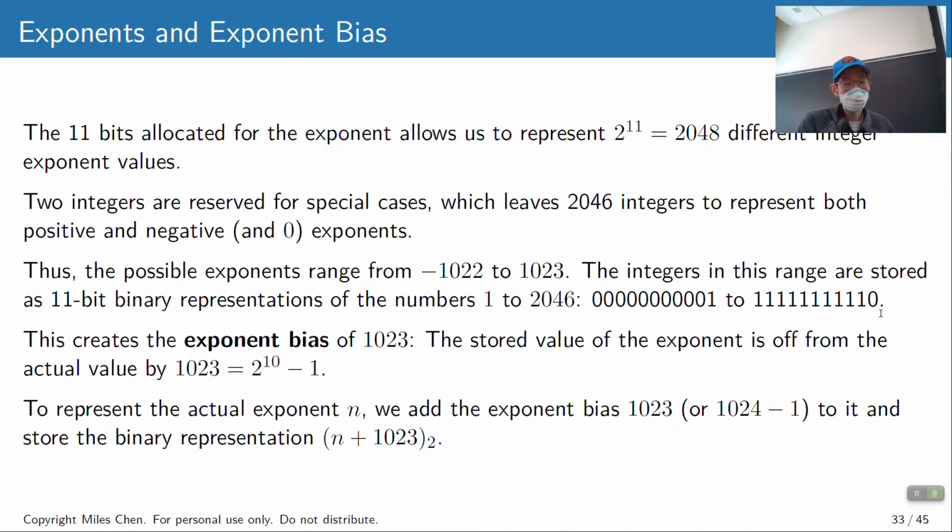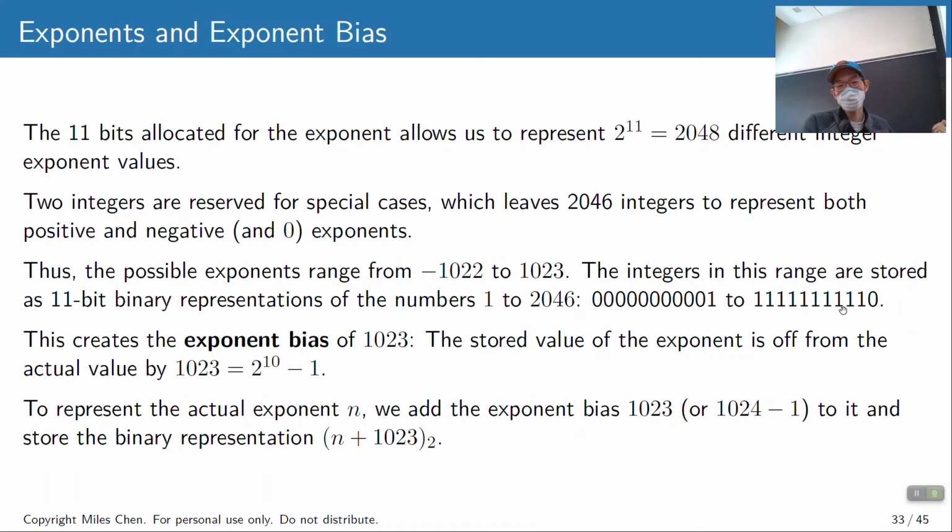We say this has an exponent bias of 1,023. Technically, if we were to convert this directly to decimal, this is a 1. But we're remapping this. We want this to represent negative 1,022, so we take the 1 and subtract 1,023 and get negative 1,022.